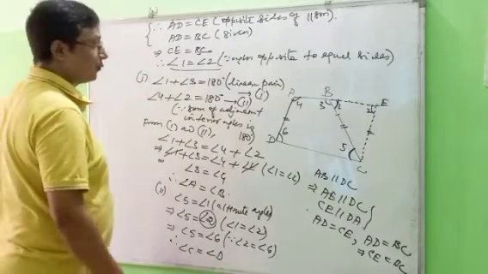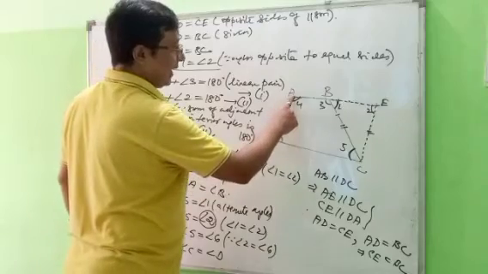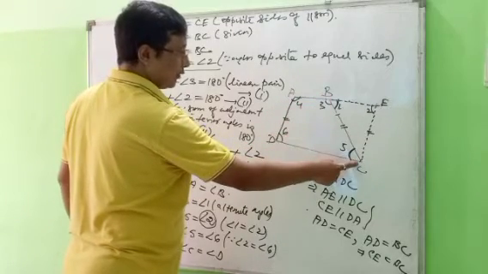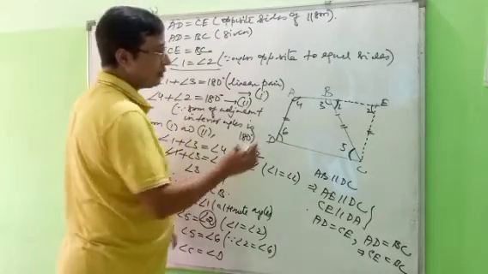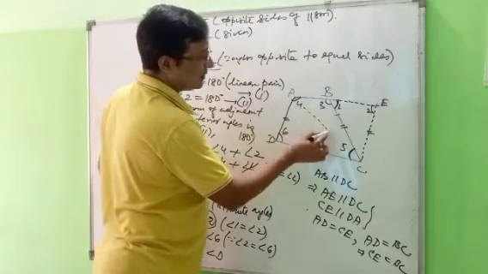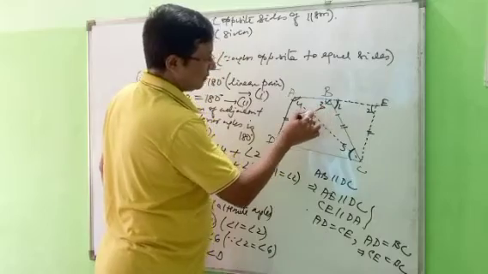Now you are to prove triangle ABC congruent to triangle BAD. For this, you will join AC and BD. This is through construction.